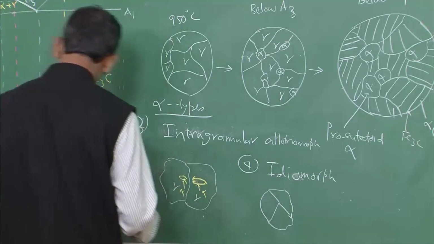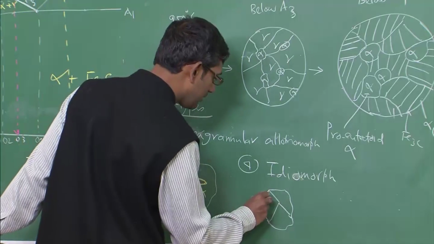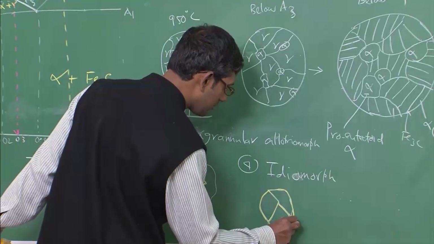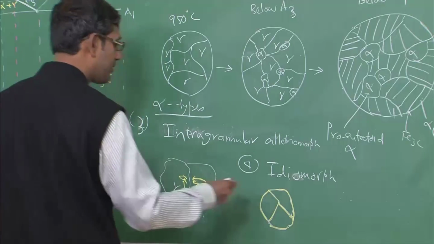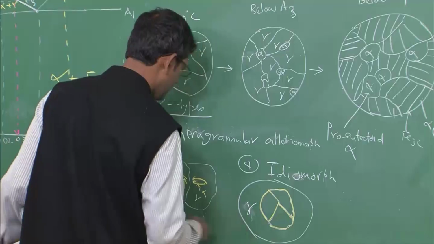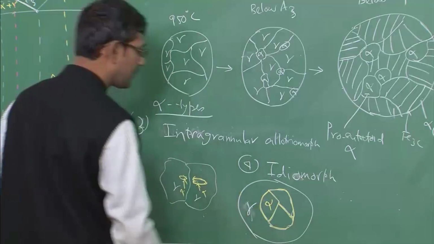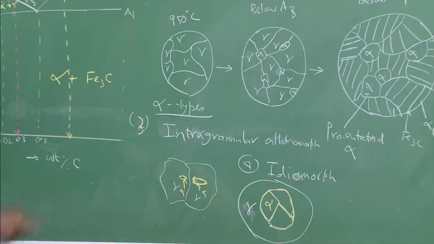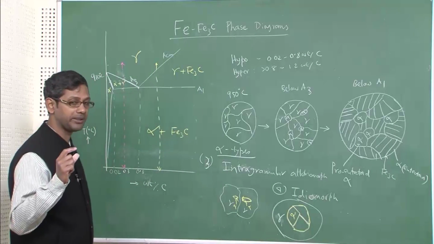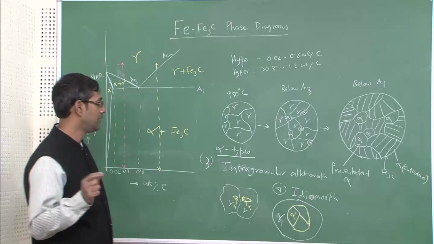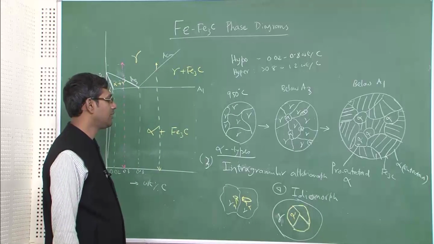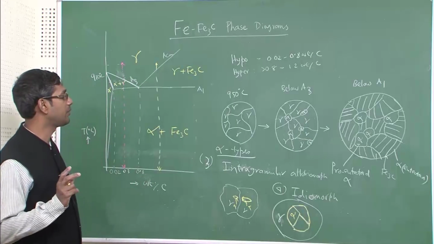If this is the alpha, let me draw it again in yellow color, and this forms within the gamma grain, and this is the alpha. The difference between intragranular allotriomorph and idiomorph is that the intragranular allotriomorph will be lens shaped, like a plate. On the other hand, these are actually crystals present inside. So these are the 4 different types of alpha which can form.